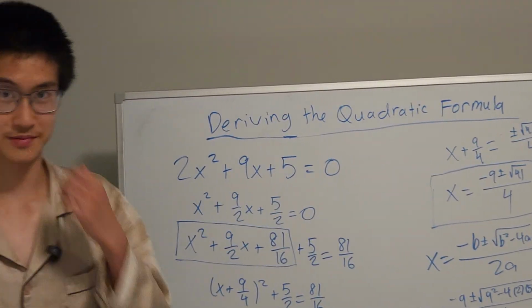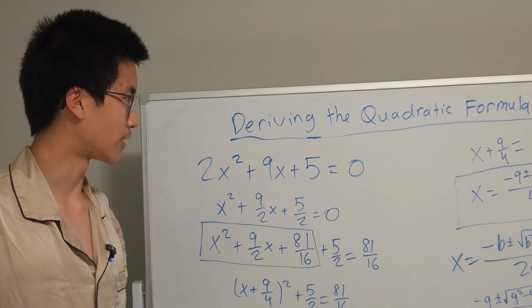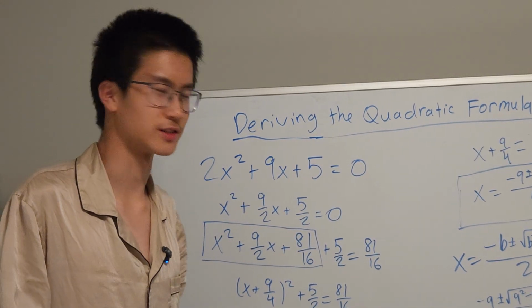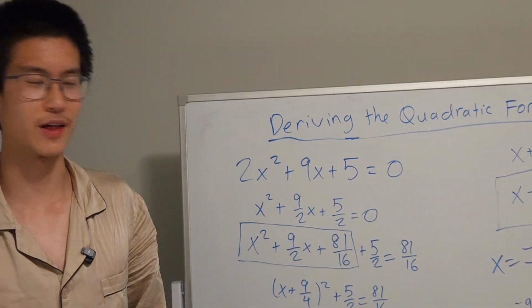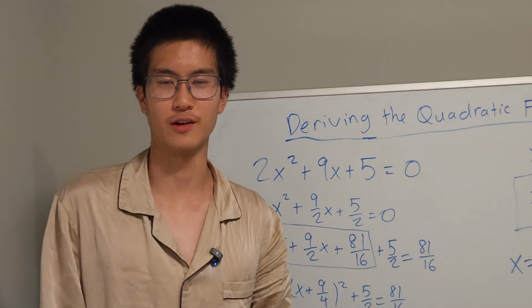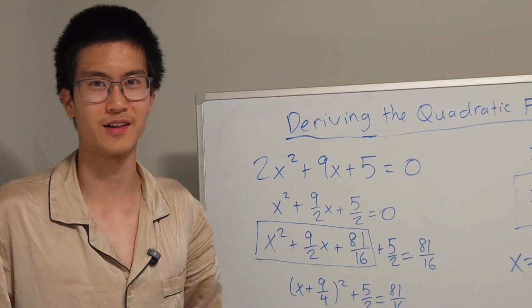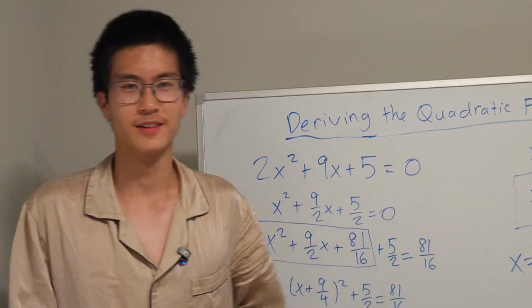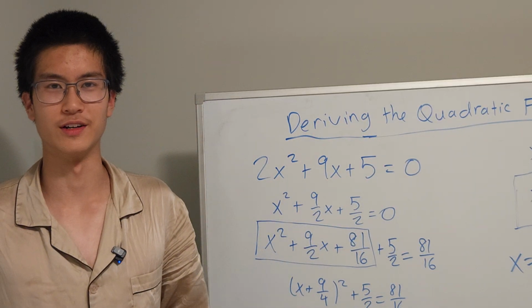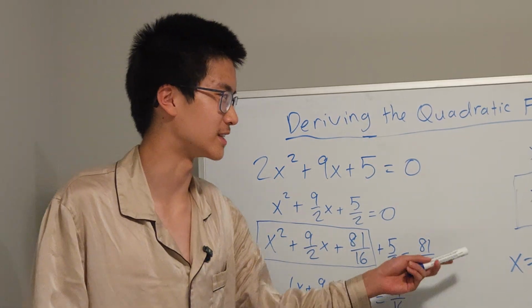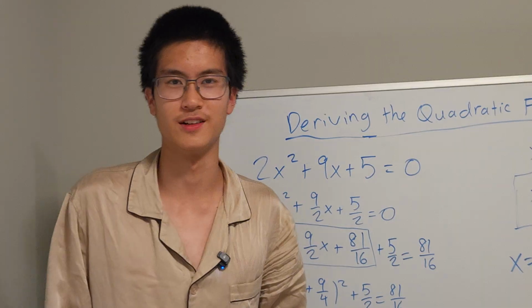So from all of this, there are probably many methods to remember the quadratic formula right here. There are probably many songs as well. You guys have probably seen this many times and you just know what it is.